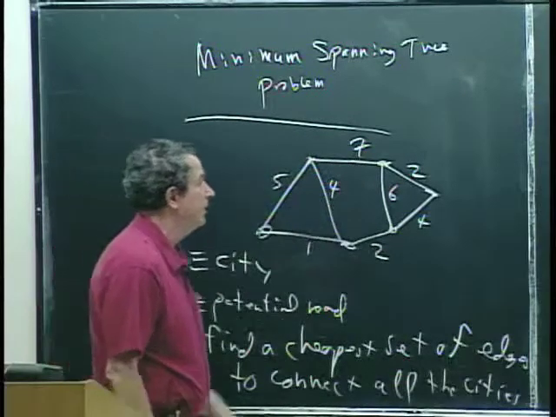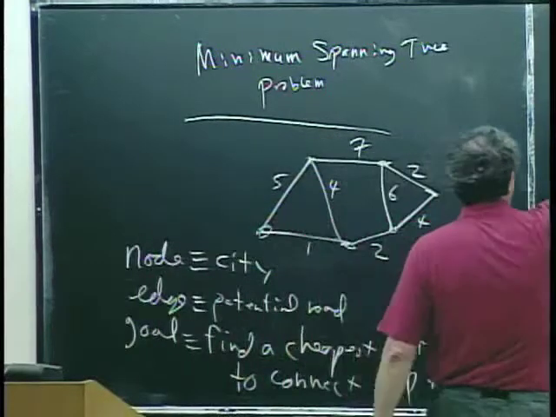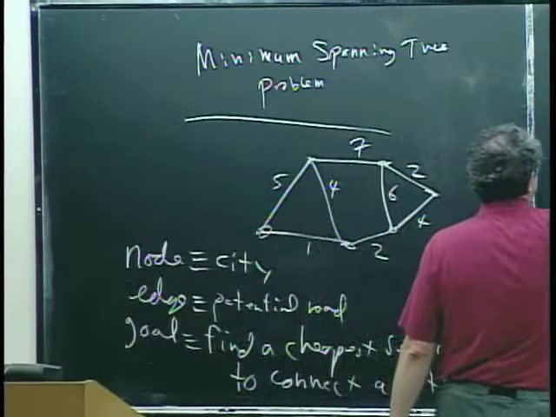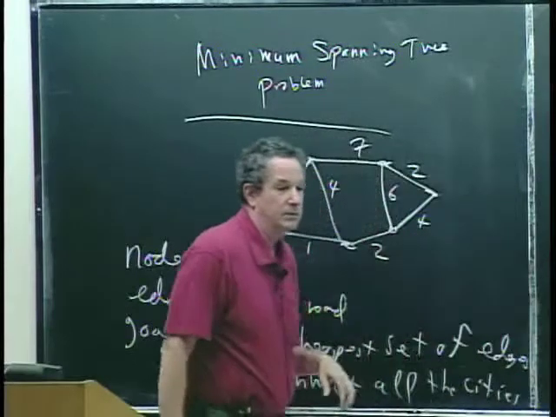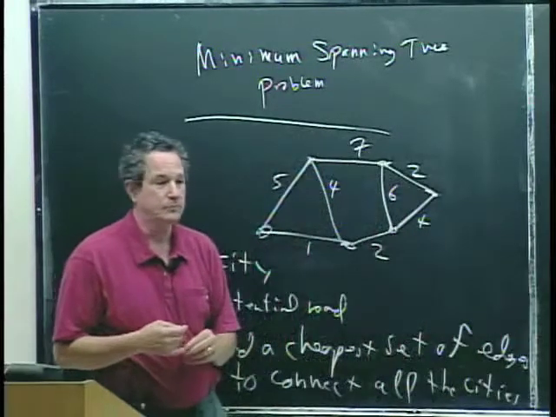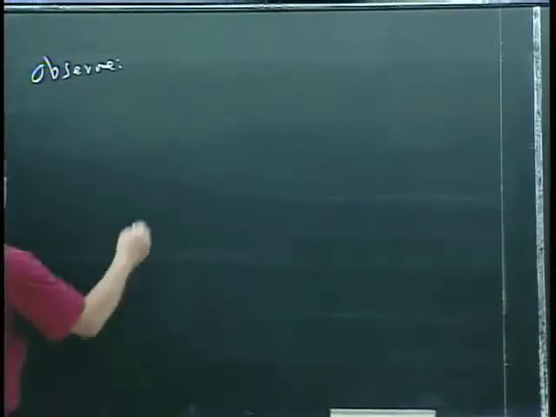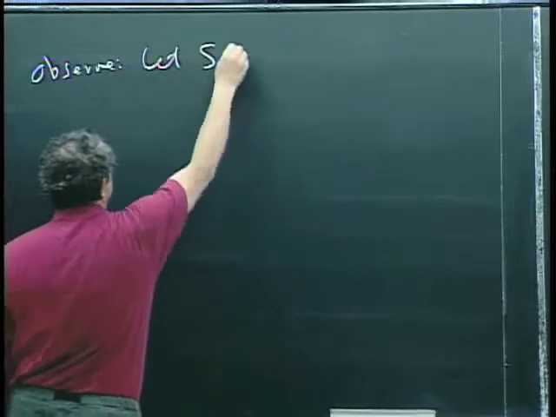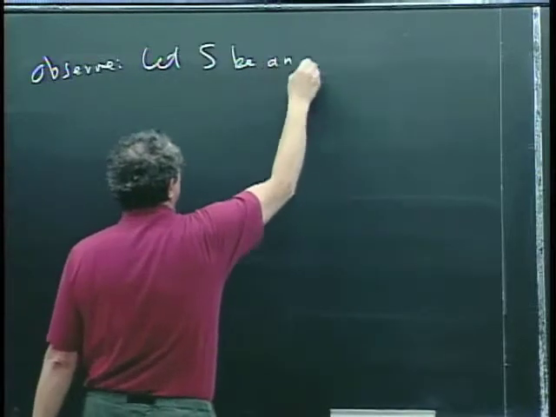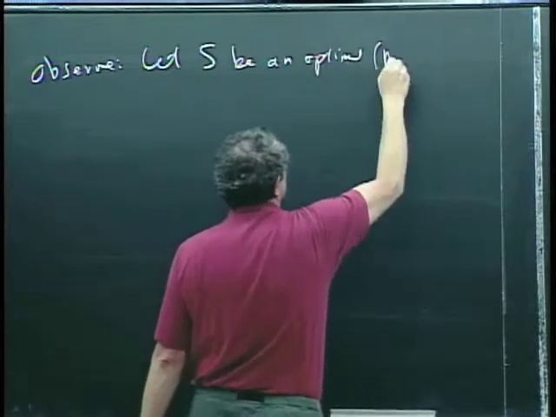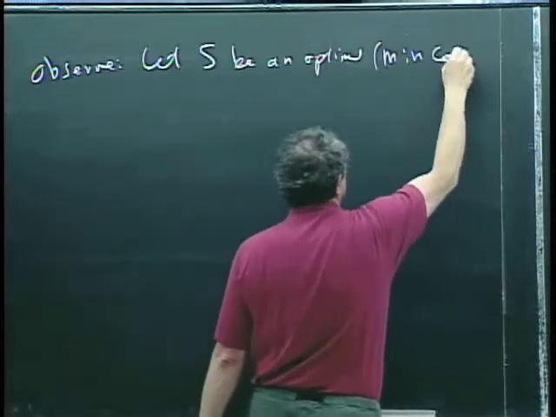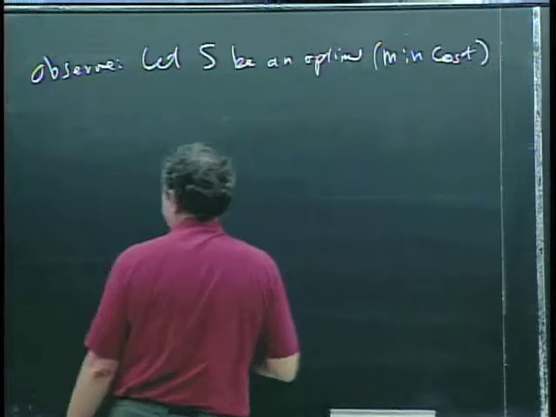Okay? Now, first observation, do we know how many edges we should take into this? Well, let me back up a minute and say, let S be an optimal, that means minimum cost, solution.